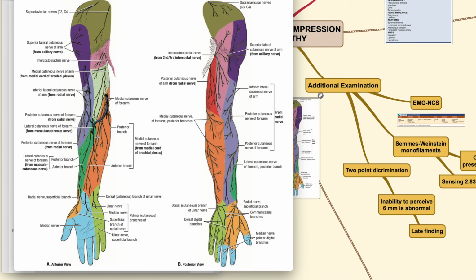But besides that, there are certain nerves that innervate the skin over the forearm region that come directly from the brachial plexus, and those would be the medial cutaneous nerve of the forearm and also the medial cutaneous nerve of the arm, and those come directly from the medial cord of the brachial plexus.